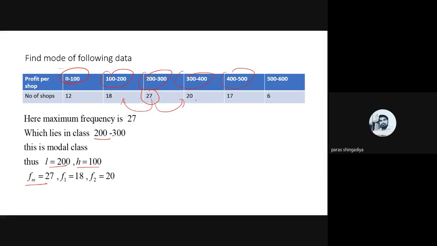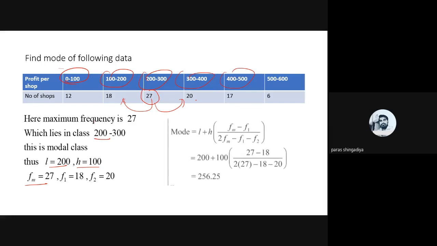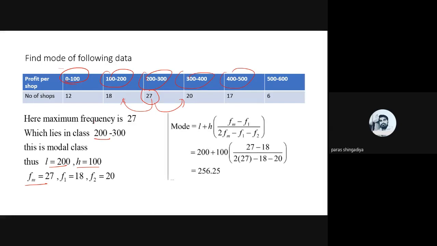Those are the values of all the required data in the formula. Then write the formula, simplify it, and you will get the answer. You can also verify this answer. The answer should lie within the model class. Your model class is 200 to 300, so your answer should be between this model interval.